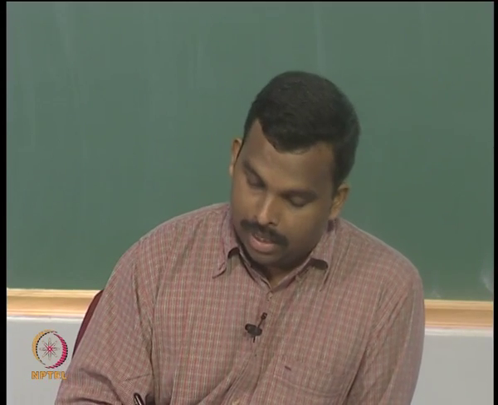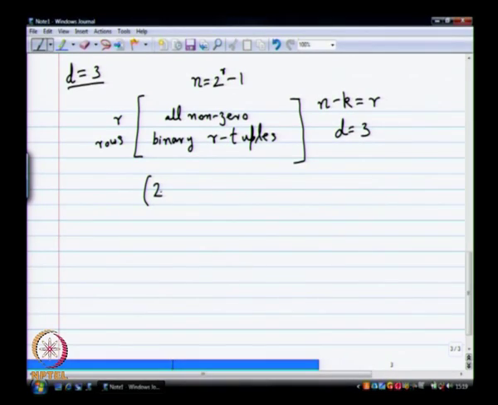So what are the general parameters of this code? N is 2 power R minus 1, and what is k? And what is D? These are the general binary Hamming codes.